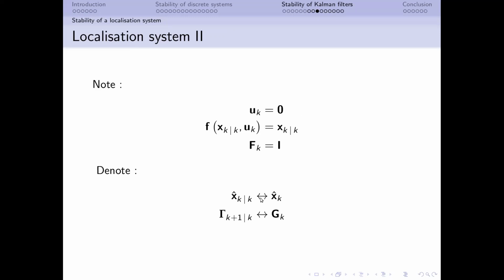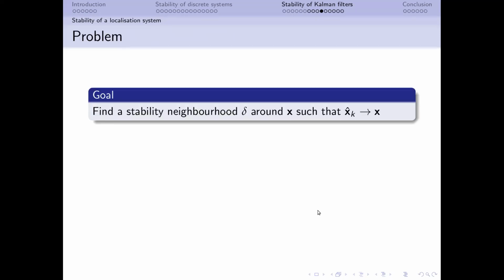For simplicity, since we do not have a prediction step, we will write the state of the Kalman filter, the estimation of the state xk, and the prediction of the accuracy jk. I'll explain later why we still use the prediction of the accuracy.